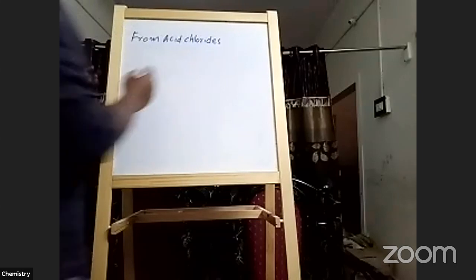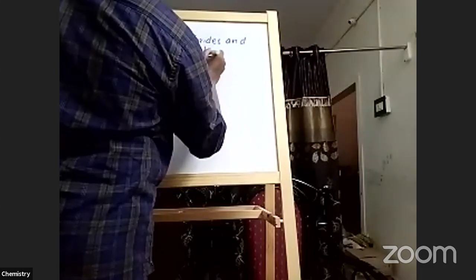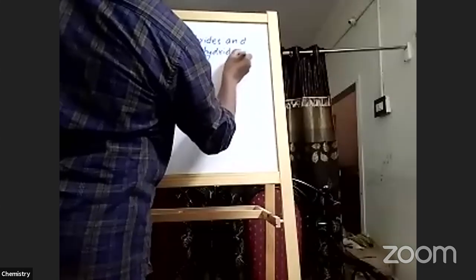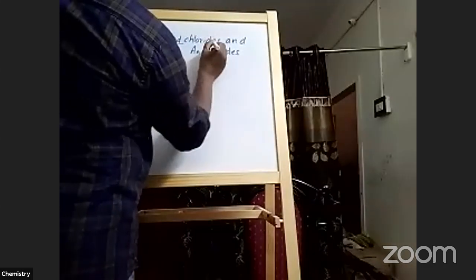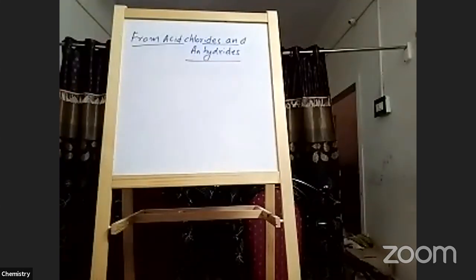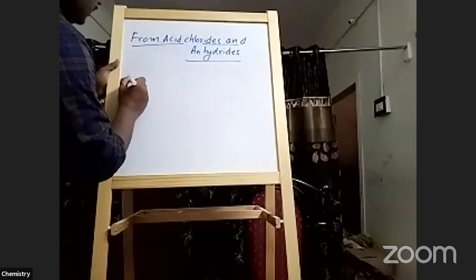From acid chlorides and anhydrides, the preparation of carboxylic acid. So acid chlorides means what?